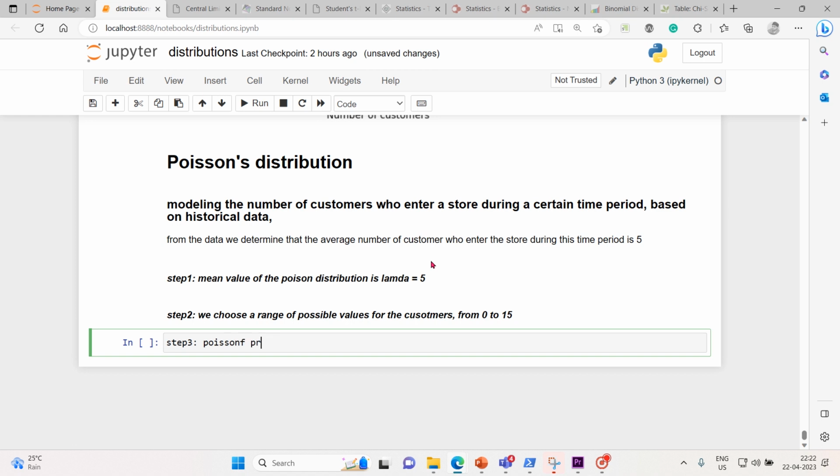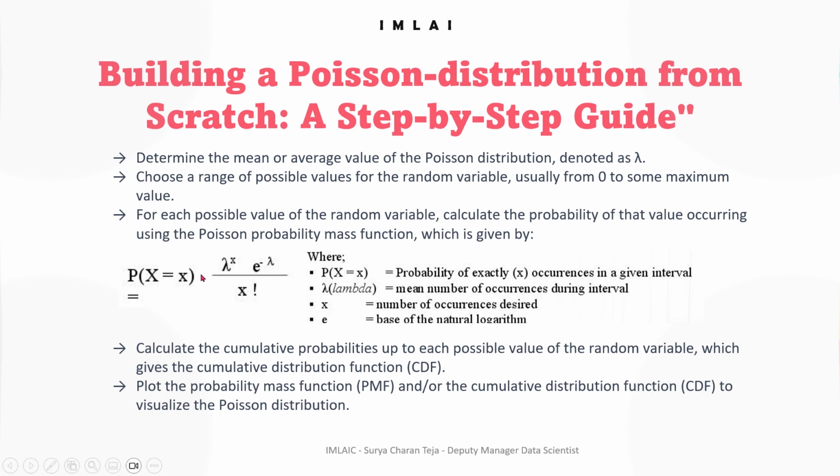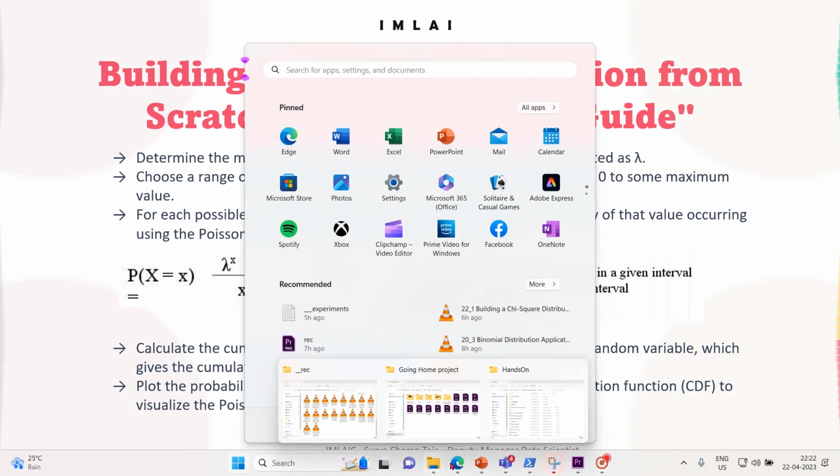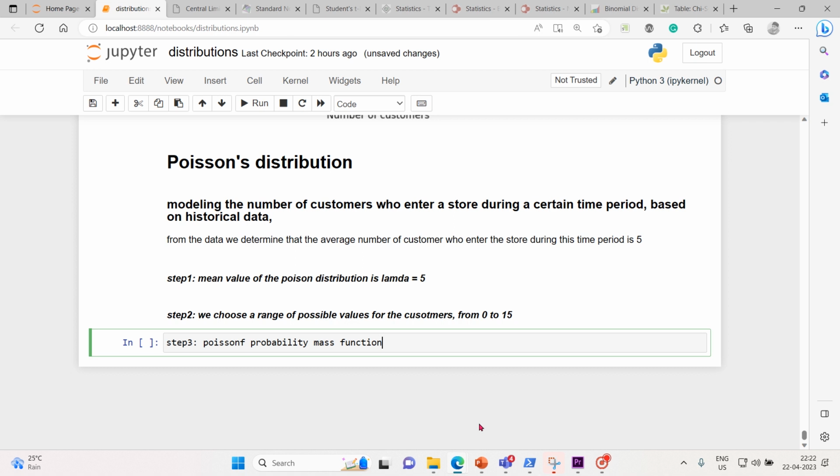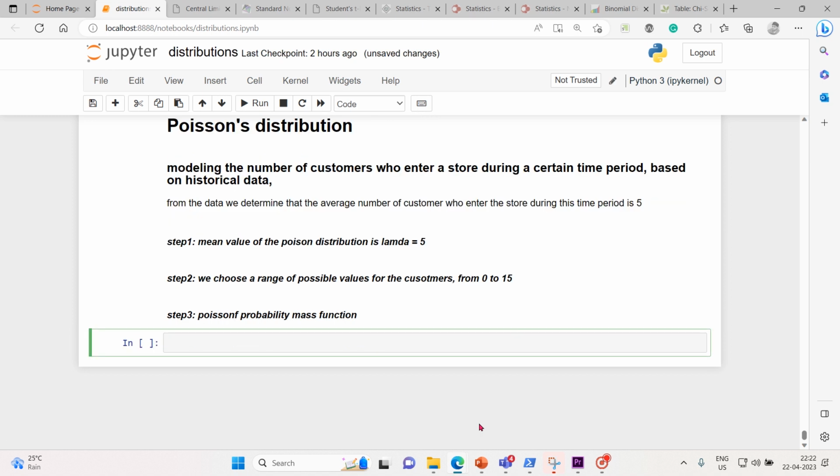That is nothing but P of X equals small x is lambda power x multiplied by e power minus lambda divided by x factorial. Once that is done, we will move on to the next step.